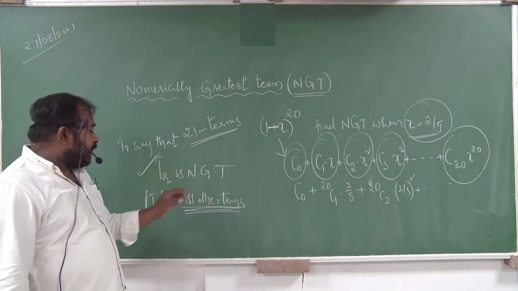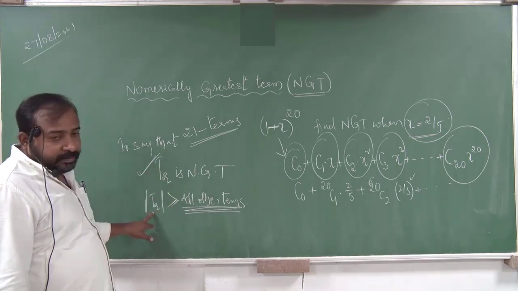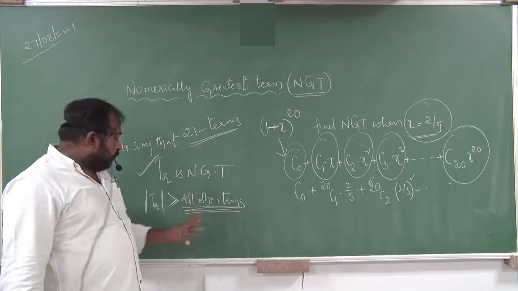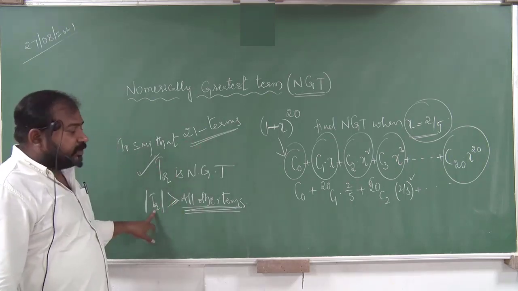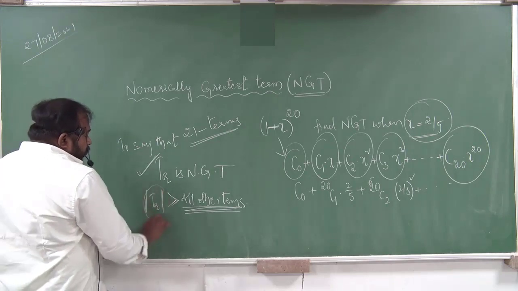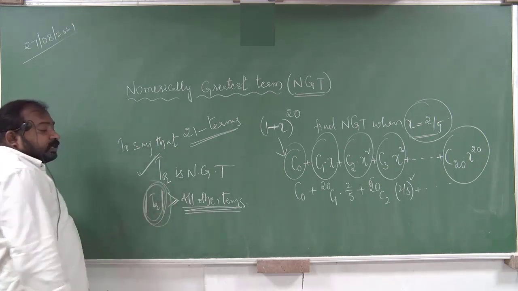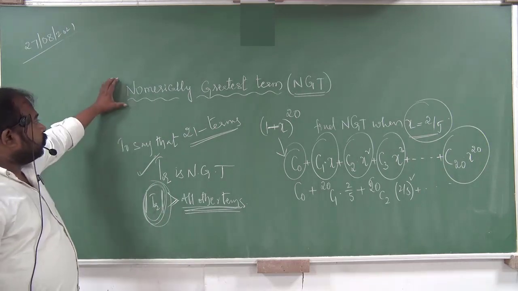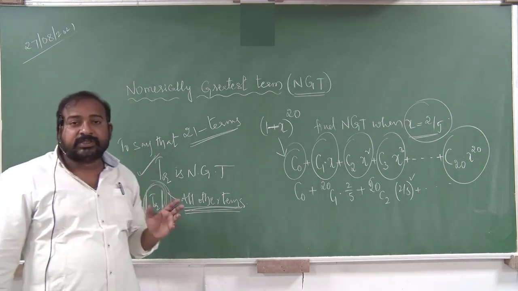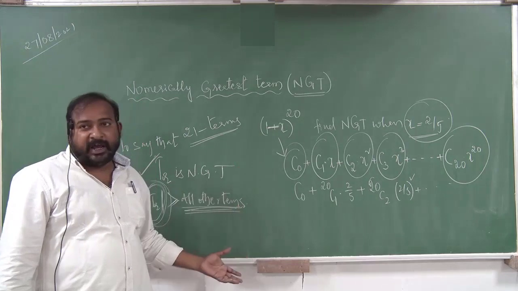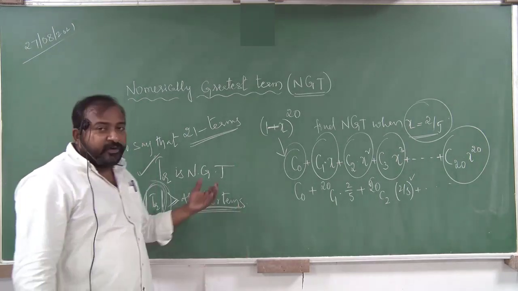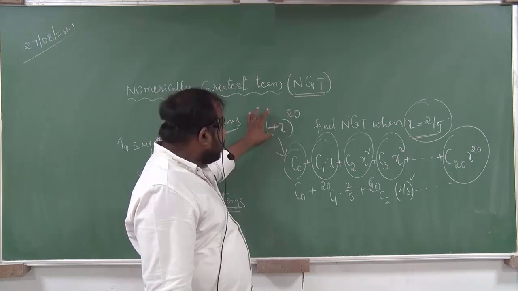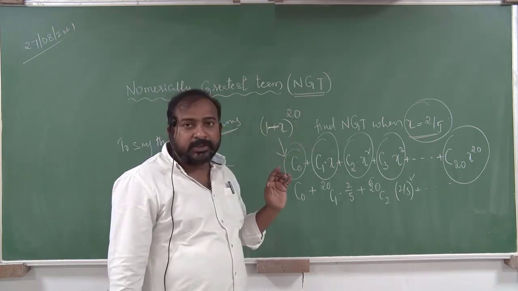Like that, if you compare this rth term with each and every term and its absolute value is greatest, then we can say this is the numerically greatest term. Got it? So once again, with one example I am explaining here: if I take 1 plus x whole power 20, then this expansion contains 21 terms.